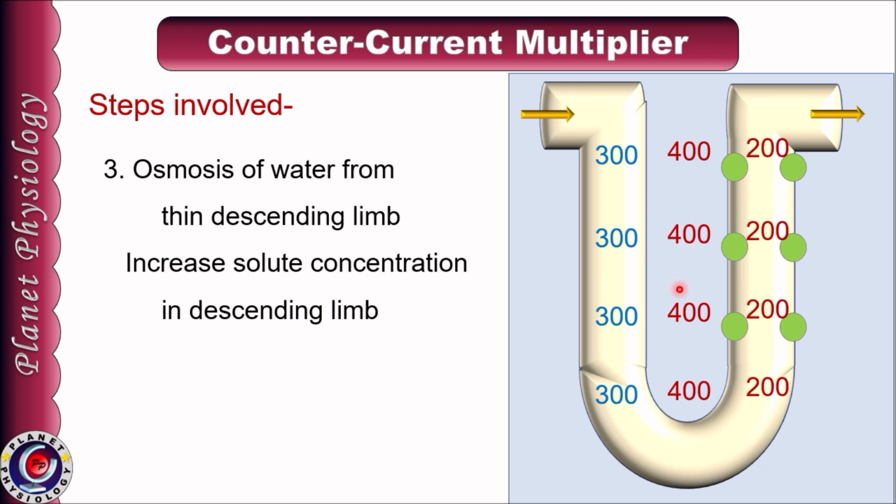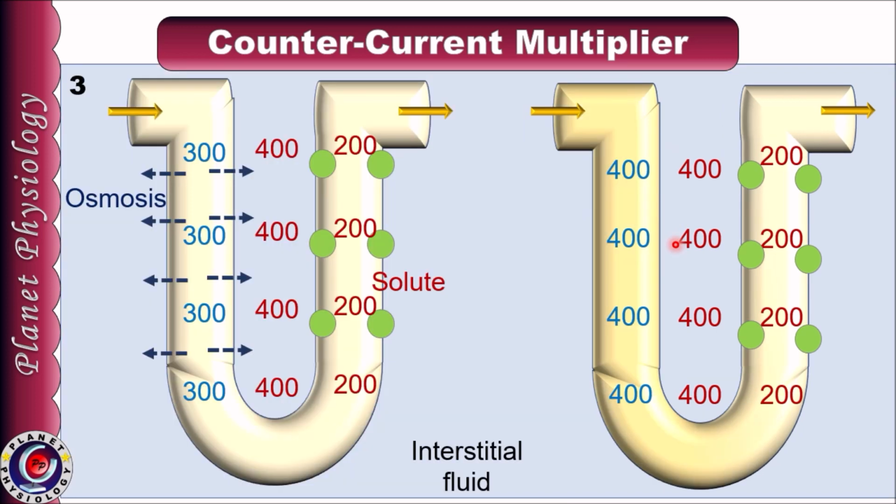So, osmosis of water from thin descending limb of loop of Henle into the interstitium continues till the equilibrium is reached. As this segment is impermeable to solutes, removal of water causes solutes to concentrate in this segment. This leads to increase in osmolarity of the filtrate in the descending limb of loop of Henle.